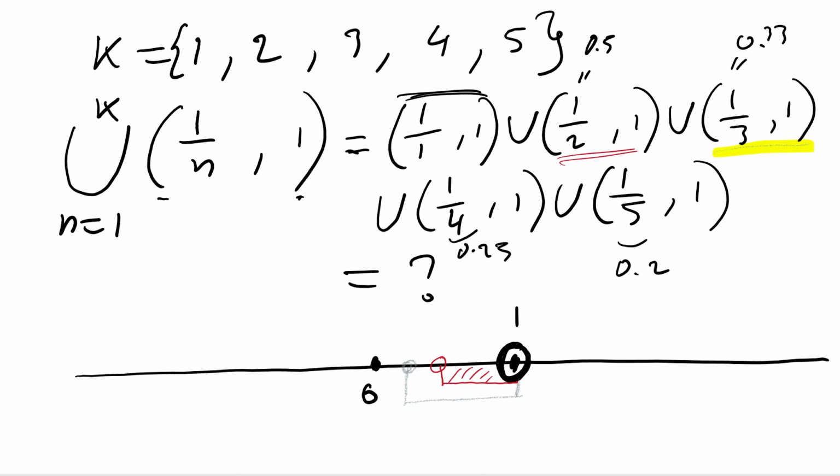Let me just use the yellow color. Exclude there. And then the third set is this set, going to be something like this. Right, exclude again.